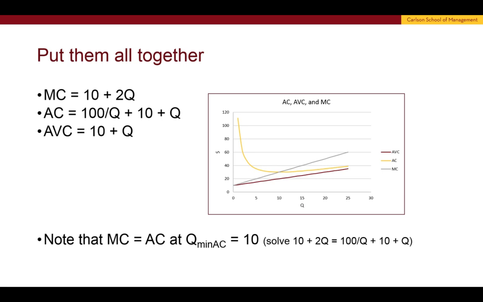Well, we could just do what's in the little parentheses at the bottom right of the slide: solve the equation that sets marginal cost, 10 plus 2Q, equal to average cost, 100 over Q plus 10 plus Q. I'll leave that as an exercise for you, but it's not too hard, and you can see that Q min AC is equal to 10. It's also illustrated in the picture. If you look straight up above that quantity 10 on the quantity axis, indeed, that gray marginal cost line is crossing average cost at the min of average cost.